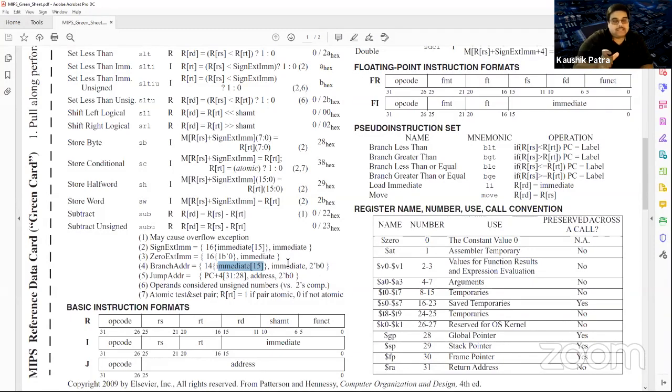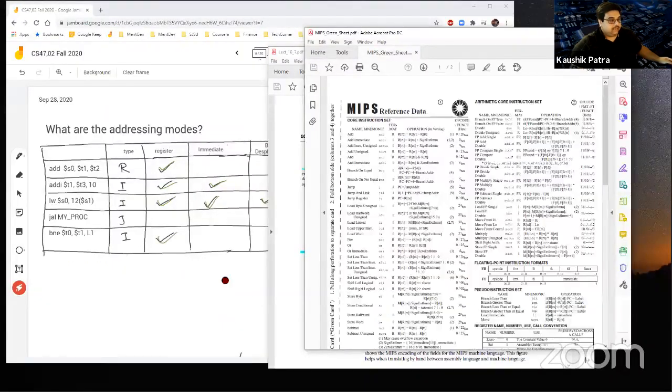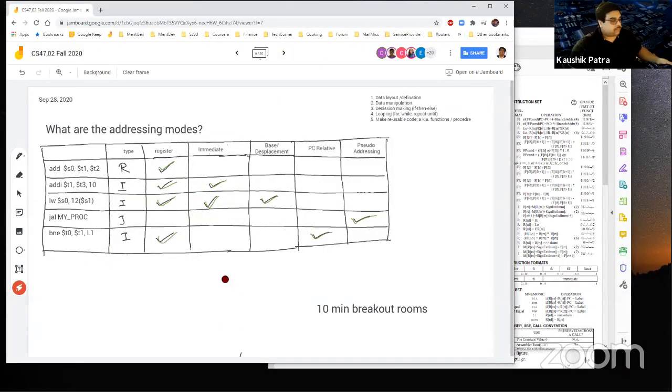So that's how it makes the whole 32-bit branch address that has to be offset. The offset calculation picks up the immediate bit pattern, appends 2 zero bits to it, and picks up the most significant bit of the immediate field and repeats it 14 times. So 16 plus 14 is 30, plus 2 bits of 0 gives you a 32-bit address. That's why it is PC relative. It is relative to the program counter.